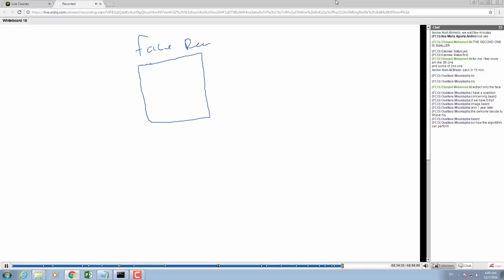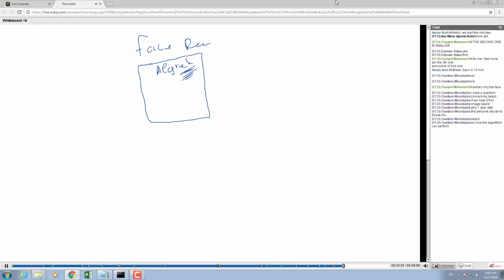I will just explain to you, whether you have a beard or not, you have a face recognition system. This face recognition system is like the device I showed to you in the video. Okay, it's equipped with a camera, and it integrates algorithms, right?